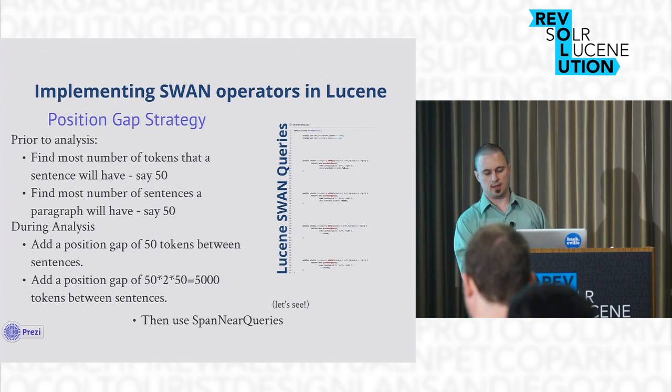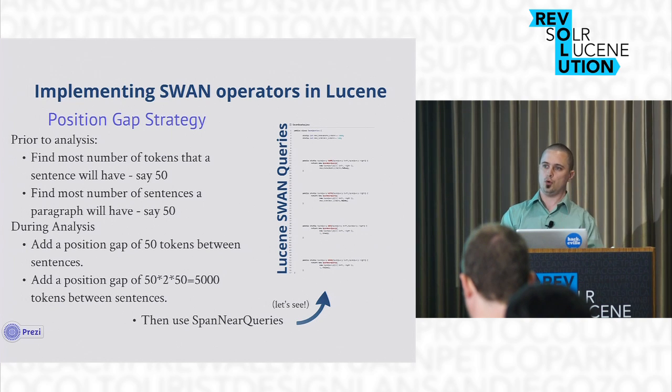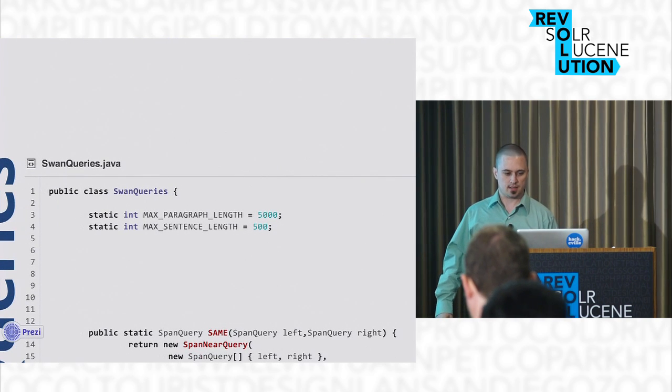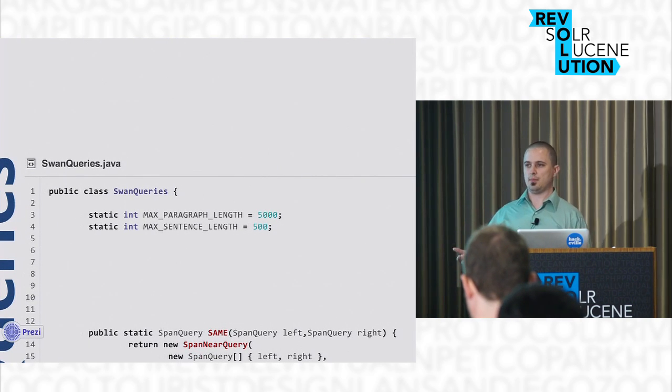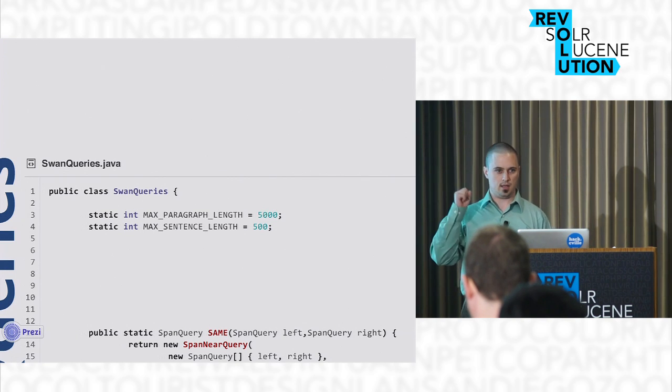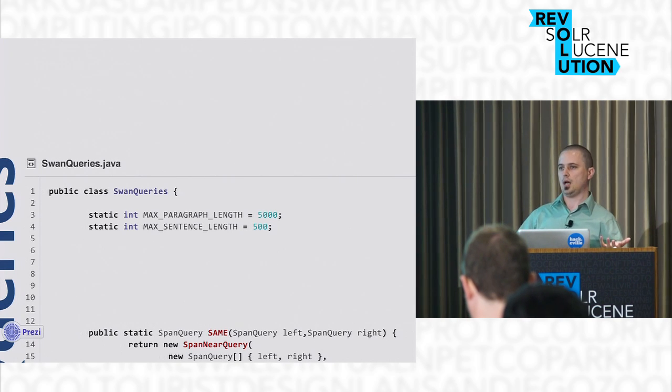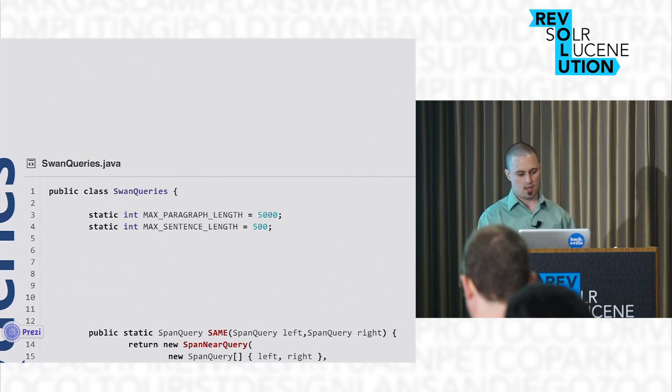To give you a little better example, let's jump into code and look at how we implemented this. This is a helper class that provides a bunch of static methods which say, given these two arguments, put them together and give me a Lucene span query that is a valid implementation of that.